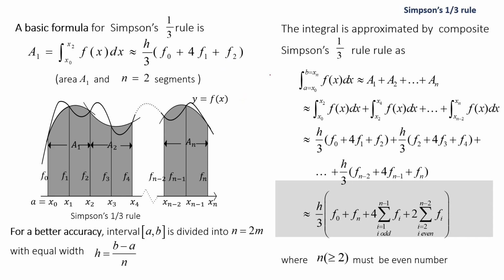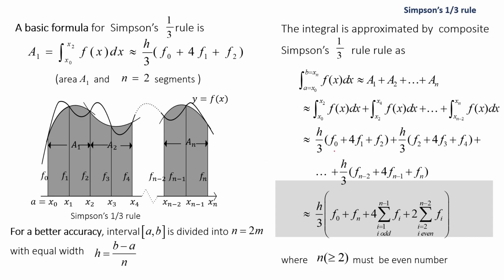So for A1, the data points are x0, x1, x2. You see the graph here, x0, x1, x2, and it is estimated using the basic formula h/3 [f0 plus 4 f1 plus f2].